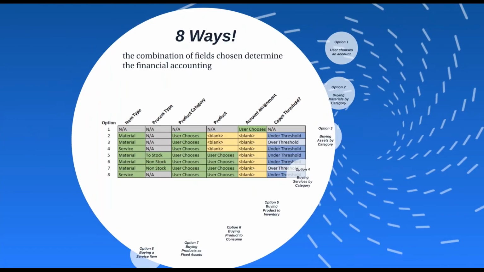Okay, so when we talk about all of these different combinations, we get into multiple different ways that we can do buying. So there potentially are more combinations, but I think ultimately you end up with these 8 combinations. I would say that this gives you a lot of flexibility, but it also causes confusion. It's hard to explain these concepts when we're trying to train the clients and configure the system.